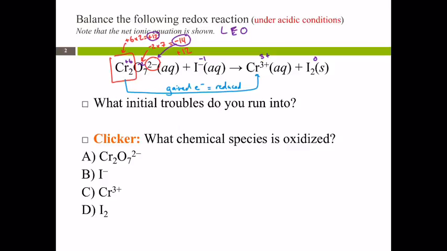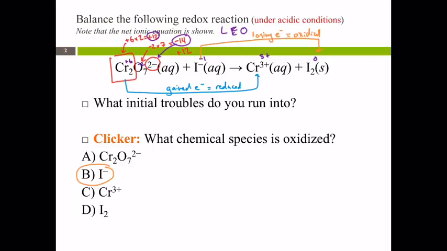And then the thing that looks like it lost electrons, went from an oxidation number -1 to 0, is losing electrons, so that is oxidized. Okay, so the thing that was oxidized, a species, was iodide, I-.